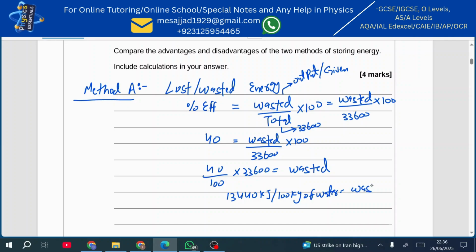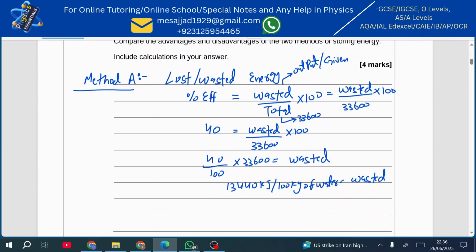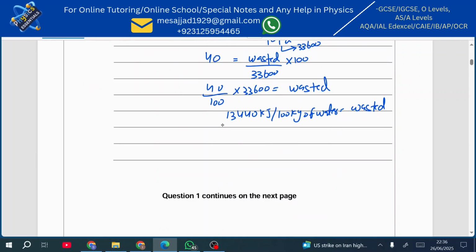Okay, so if this is your wasted energy, then what should be the useful energy? So the useful energy, or you can say the stored energy that you have stored in the water, will be equal to total minus wasted, right?